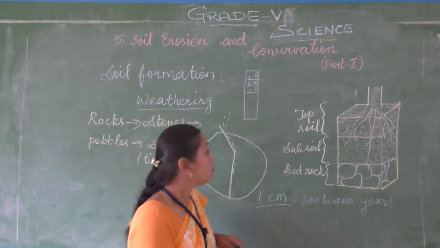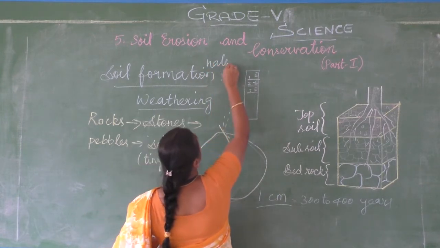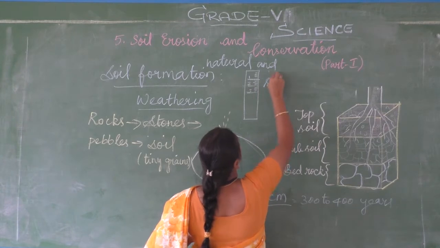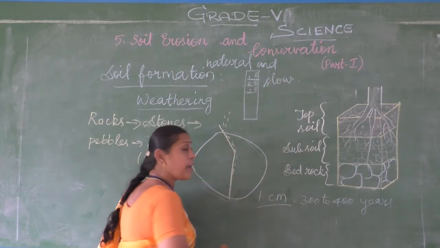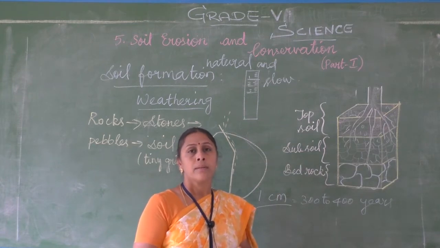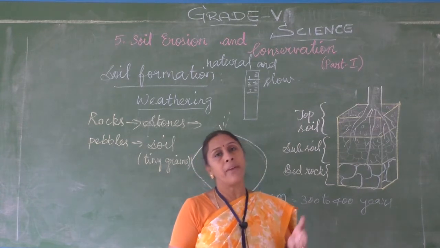Understand? So formation of soil is a natural and slow process. It will take long years for the formation of soil. So by what process is the soil formed? By the process called weathering.